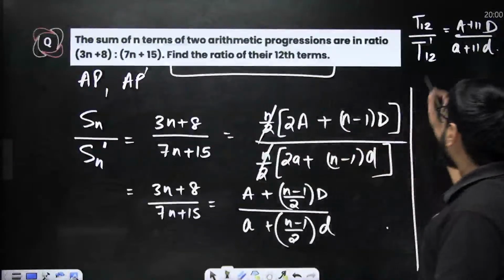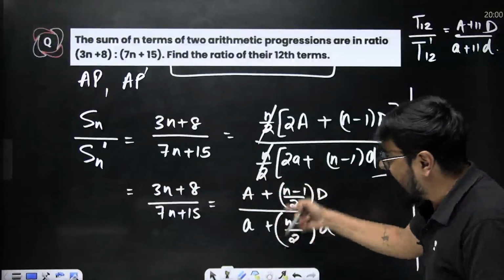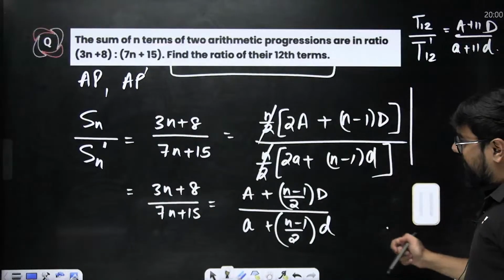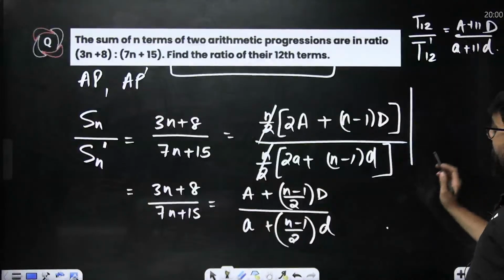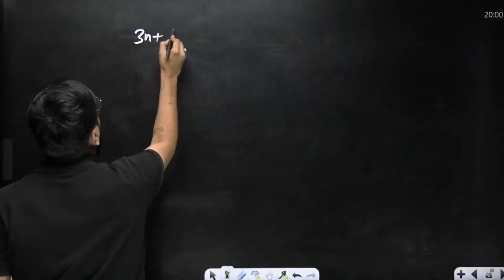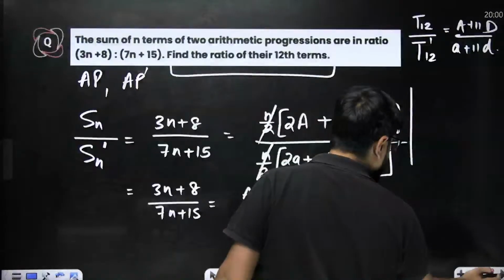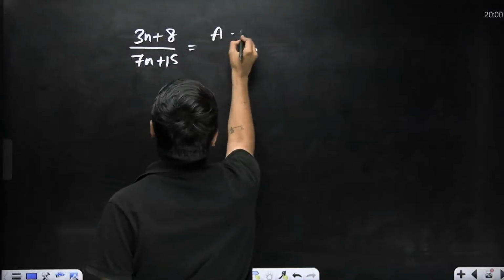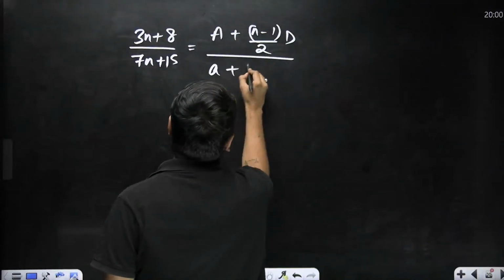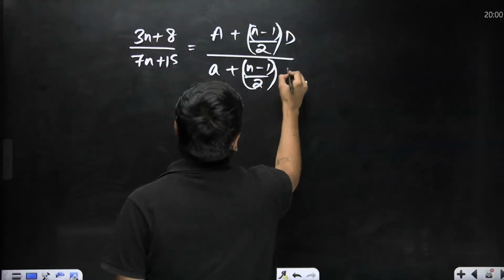Okay. Understand T12, T12 dash: A plus 11D and small a plus 11d. Can I create it over here by putting some value of n? I'll write more neatly: 3n plus 8 divided by 7n plus 15 is equal to A plus n minus 1 divided by 2 into capital D, divided by small a plus n minus 1 divided by 2 into small d.